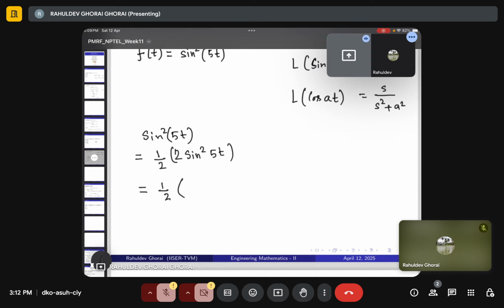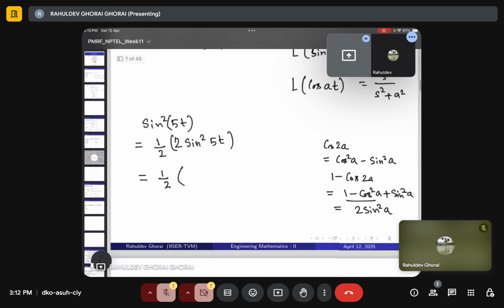So for that we know cos of 2a is equal to cos square a minus sine square a, and if you use 1 minus cos 2a, that will be 1 minus cos square a plus sine square a, that is equal to, this is sine square, so it will be 2 times sine square a.